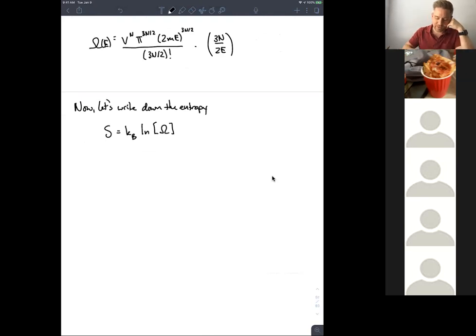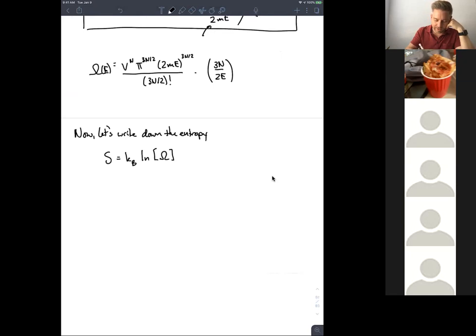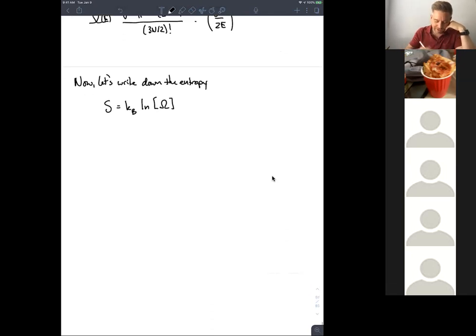We're going to take the logarithm of the product of a whole bunch of things, and hopefully you remember that the logarithm of a product of a whole bunch of things is equal to the sum of logarithms.